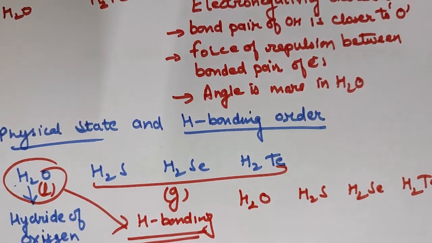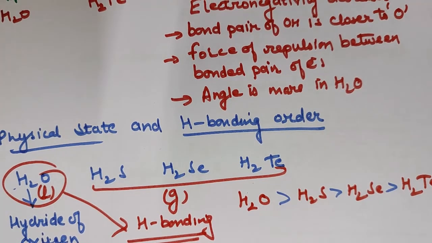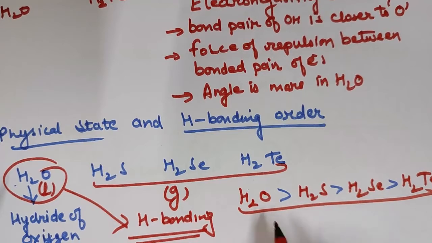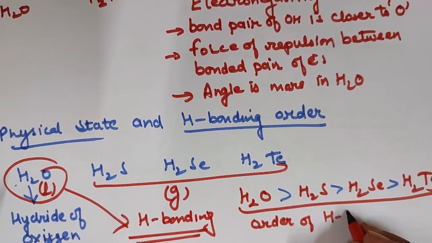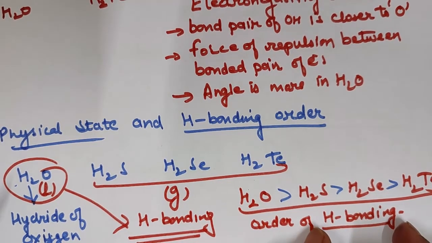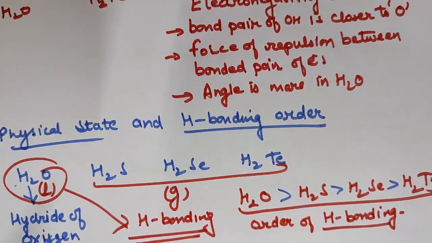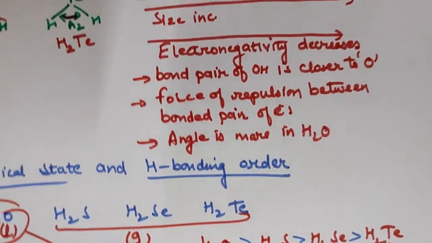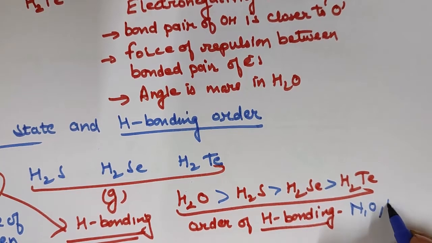So the order of hydrogen bonding will decrease in this way. This is the order of H bonding, and the reason is, if you remember, hydrogen bonding exists only in those species where you have an electronegative element, like nitrogen, oxygen or fluorine.